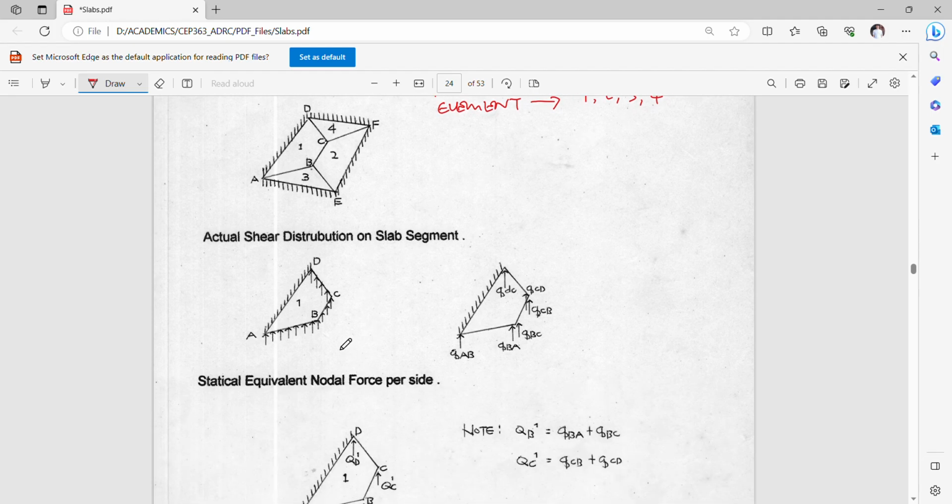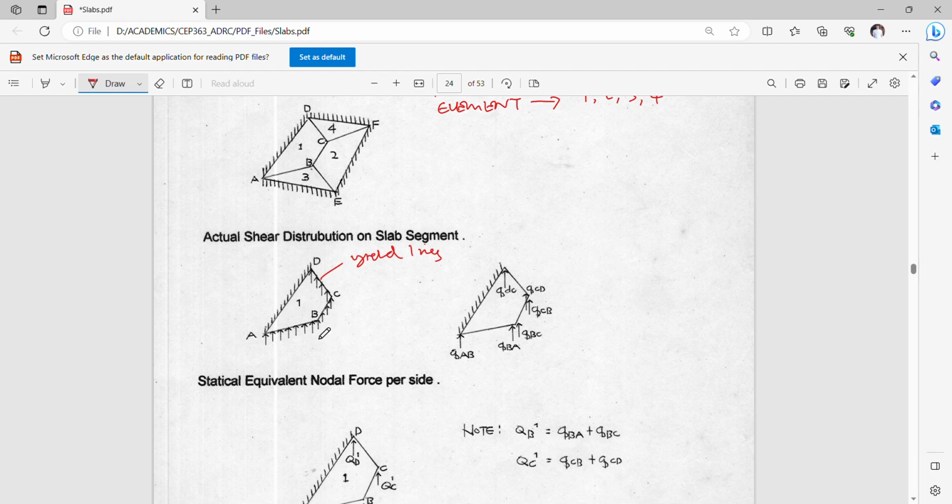So this is the real or actual shear distribution when we're talking of slab segments. If we want to get the shear forces along the yield lines, then the actual distribution of shears is assumed to be uniformly distributed along the yield lines themselves.